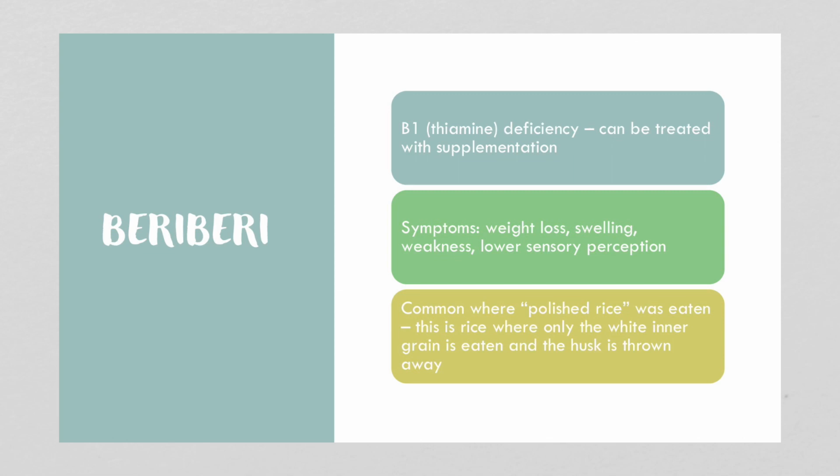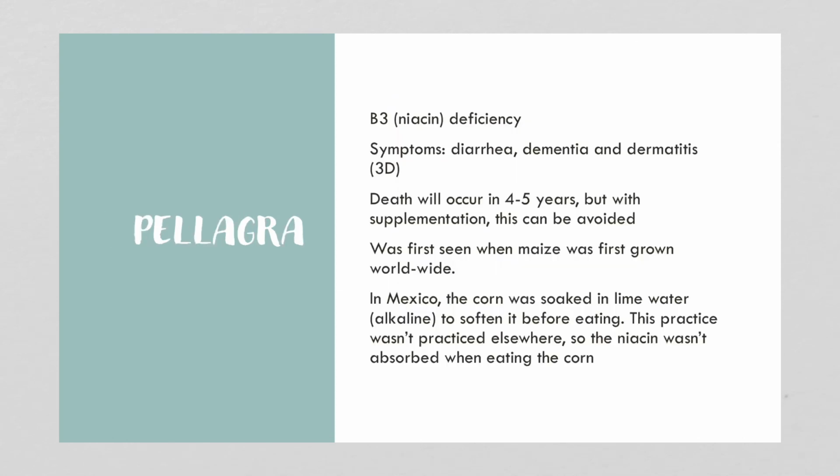This disorder is common where what is known as polished rice was eaten. That's rice where only the inner white part is eaten and the husk is thrown away, because the husk is where the vitamin B1 or thiamine is found. So eating processed foods is a problem, because sometimes you lose those important nutrients, minerals and vitamins.